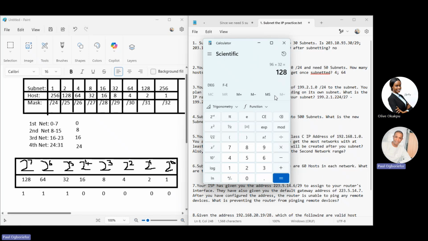The fourth one. Then I'll now do plus 32, which is the fifth one, right? So the fifth one now, the range begins at 160, rather, and ends at 191.